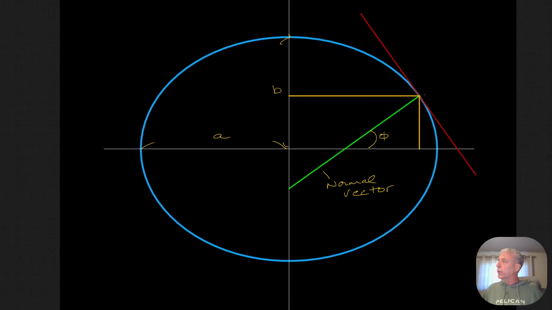The green line, we usually use N, and I need to write this stuff down. So N is the radius of curvature. That's terrible.